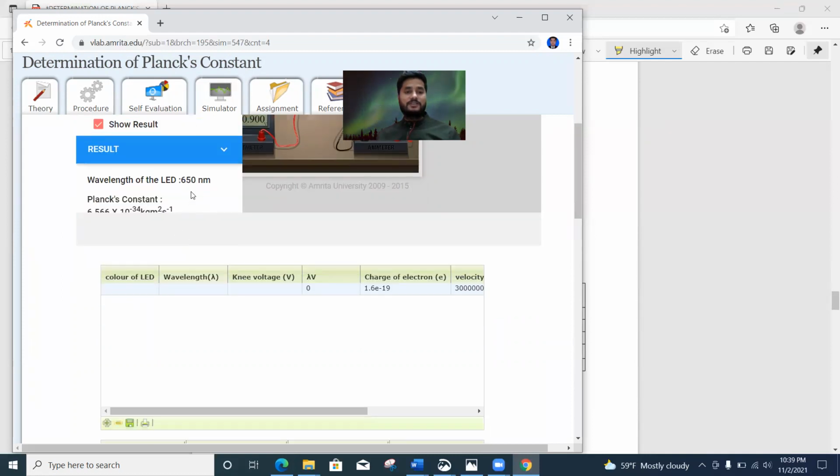LED, the light emitting diode, and the value of Planck's constant is 6.566 into 10 to the power minus 34 kg meter squared per second. Now I'm going to take the observation. First, we write here red, and the wavelength of this red LED, 650 nanometer, and the knee voltage.